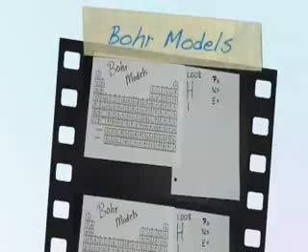Next, let's look at the Bohr model for neon. For neon, atomic number is 10, so the protons must be 10. Neutrons, we take the average atomic mass, 20.183, rounded to 20, minus 10 gives us 10. Electrons, if we assume it's neutral and there's 10 positive protons, then the electrons must be 10 as well. So I'll write my nucleus. Protons are 10, neutrons are 10.